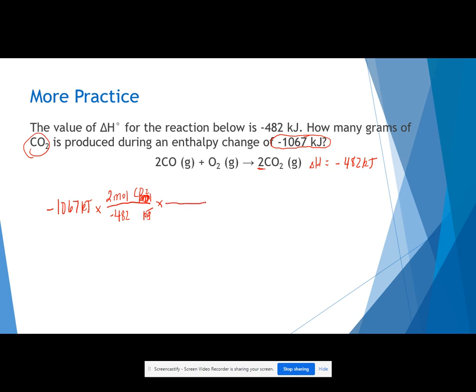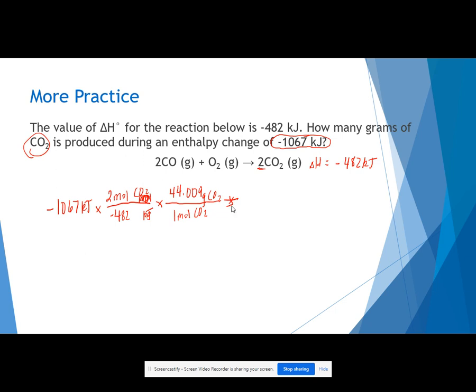And then to get from moles to grams, we use molar mass. So 1 mole of CO2, and then you find the molar mass, 44.009 grams of CO2. Now that I have it in grams of CO2, I can go ahead and solve this.